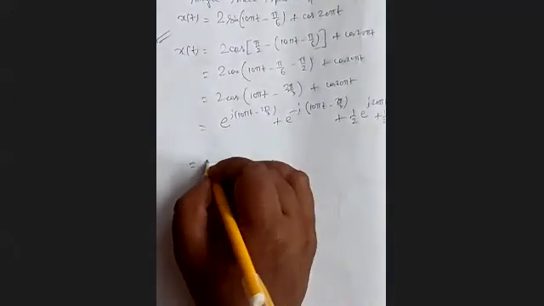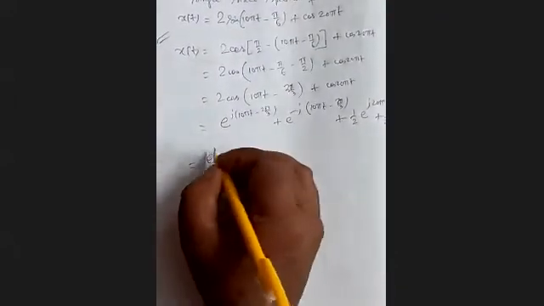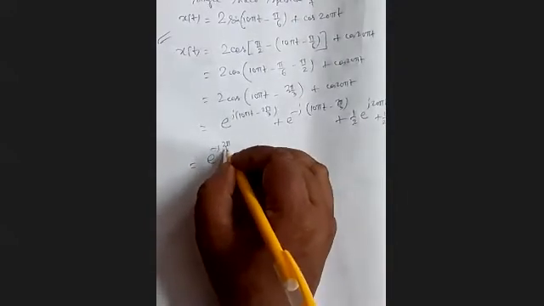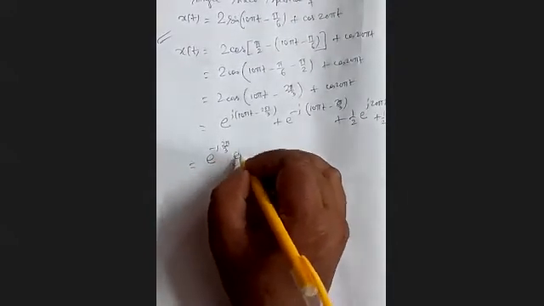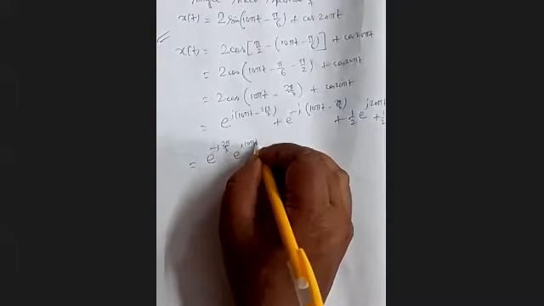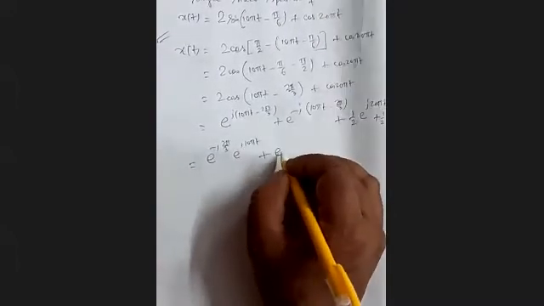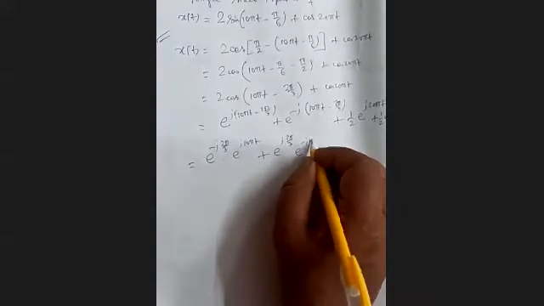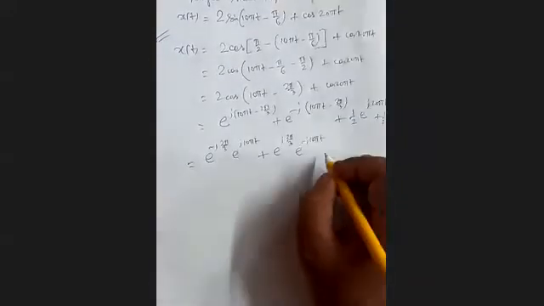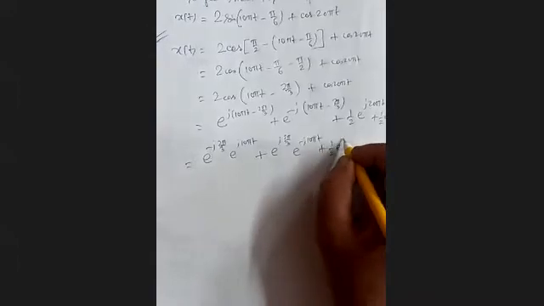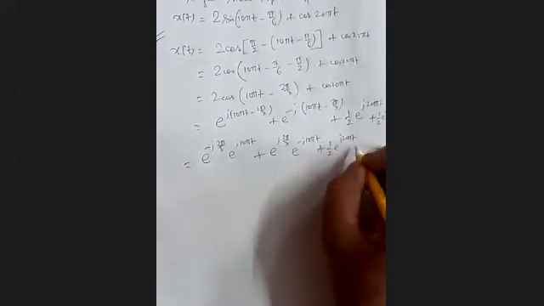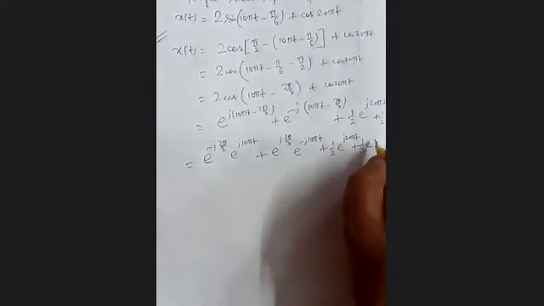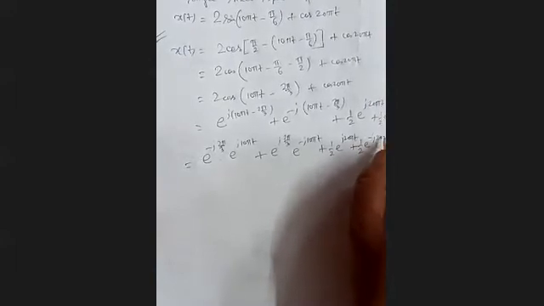So it is e to the power minus j 2 pi by 3 into e to the power j 10 pi t, plus e to the power j 2 pi by 3 e to the power minus j 10 pi t, plus half e to the power j 20 pi t plus half e to the power minus j 20 pi t.